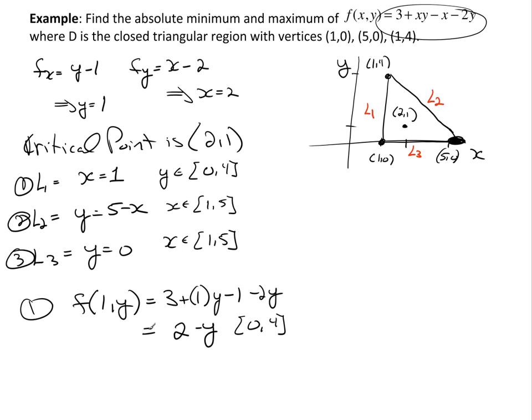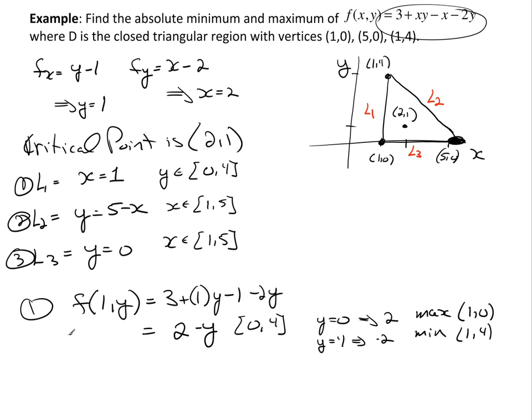So you can see the maximum on this boundary is when y equals 0, where I get a value of 2. And when y equals 4 I get my minimum, negative 2. So this max is at the coordinates (1,0), and the min is at (1,4).